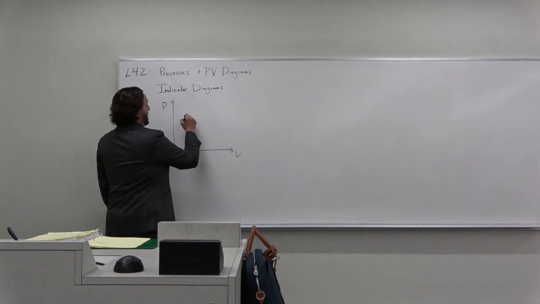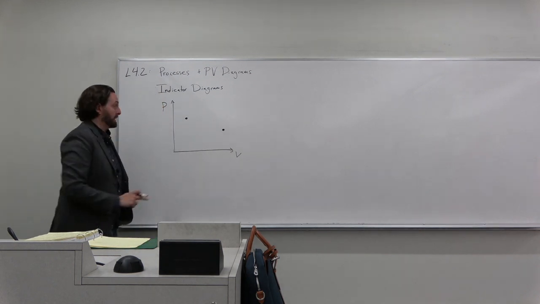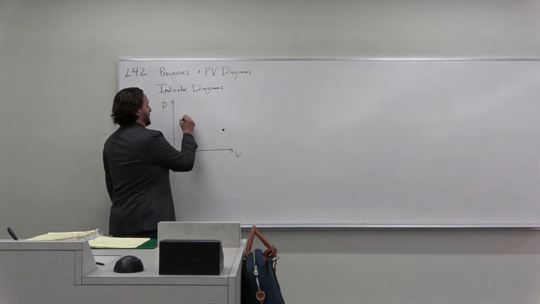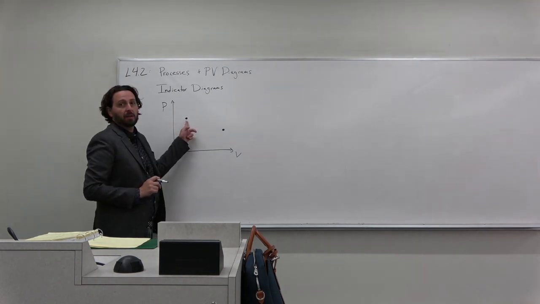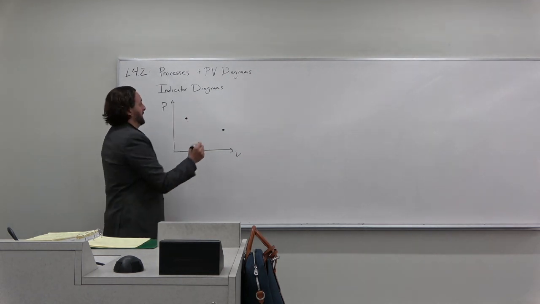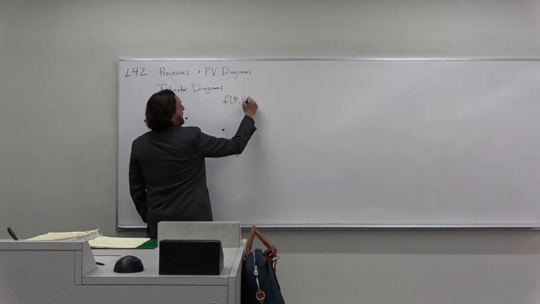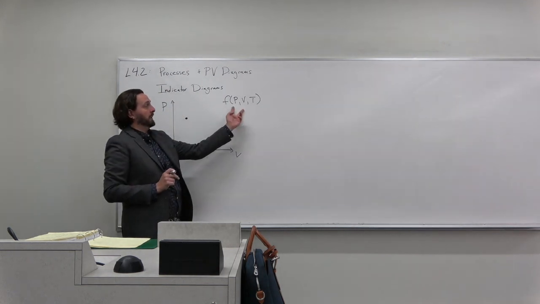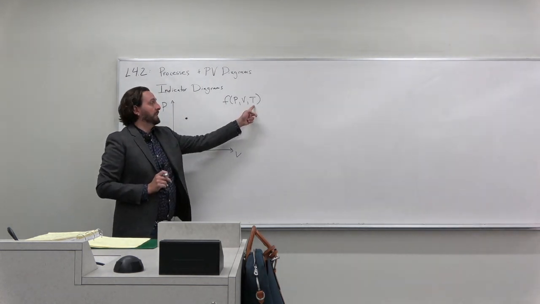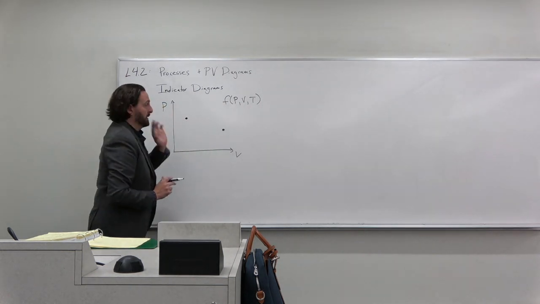The points on these graphs are our states. Remember, if I've fixed pressure and volume, this is a function with three thermodynamic variables, but only two are independent. If I've told you two of them, the third one is fixed.